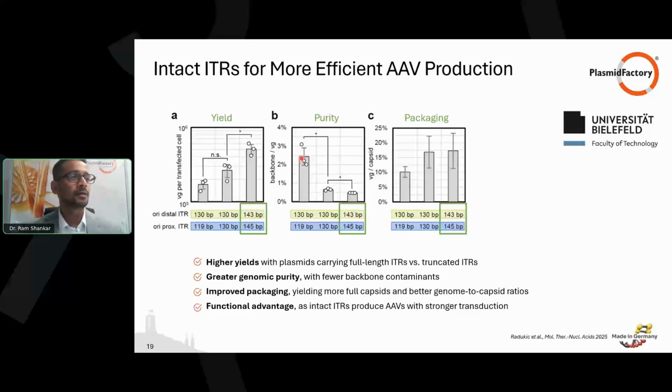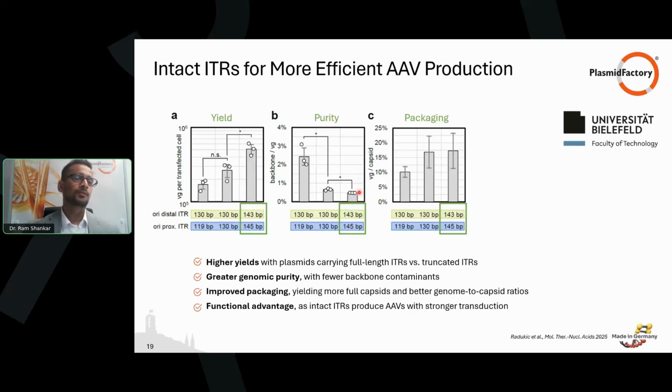But just by converting both of them into their truncated versions, you see a significant drop. But once again, when you look at the full-length ITR sequences, these plasmids result in vector particles containing just about 0.5%. And this is actually a very significant reduction, although it might not sound so. A reduction from 2.5 to 0.5% is actually very significant.